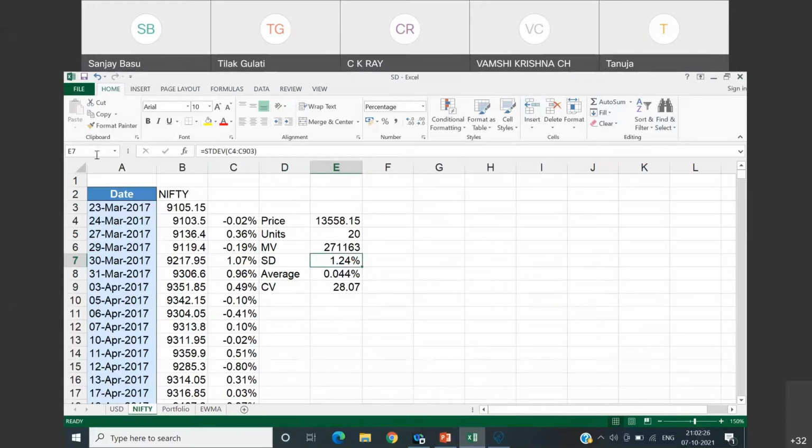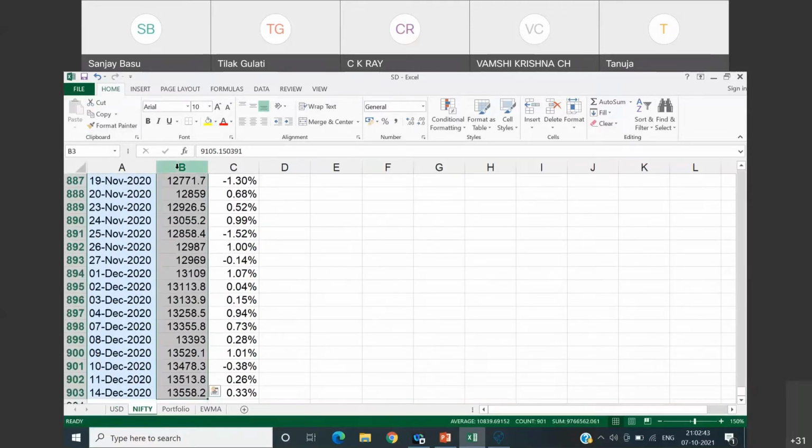The equity trader may laugh at me and say, but sir, high standard deviation or volatility has pushed up prices from 9105 to 13558, right?